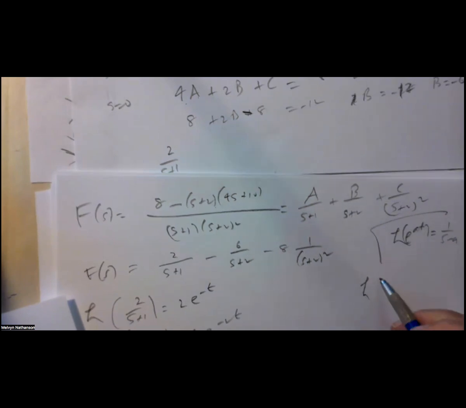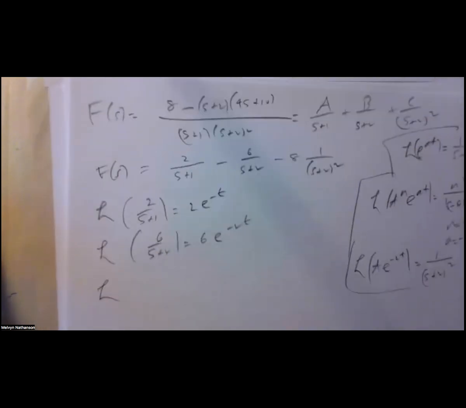And what about 1 over (s+2)²? If I look at my table, I see that the Laplace transform of t to the n e to the at is n factorial over (s-a) to the n plus 1. Here I have 1 over (s+2)².